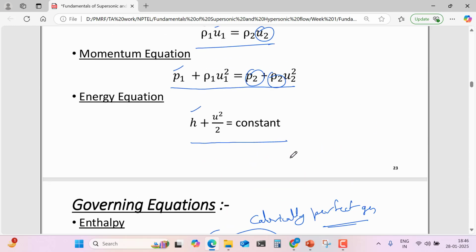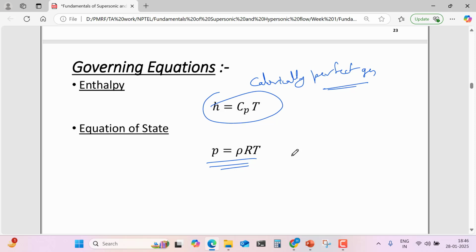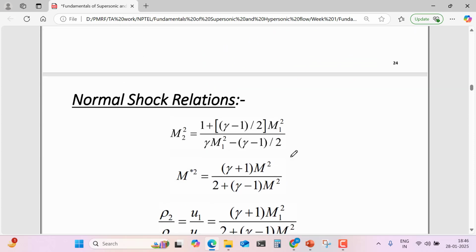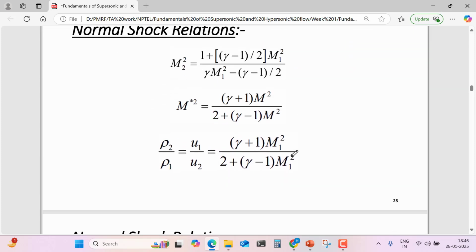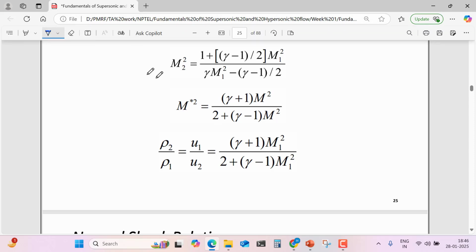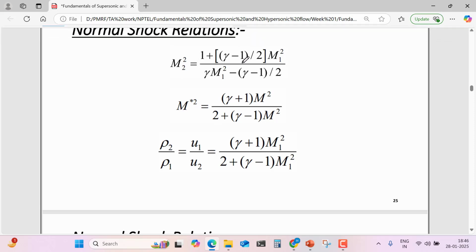We can write all these equations in terms of Mach number also. After writing these equations in terms of Mach number, we get M2 square equal to (1 plus (gamma minus 1) by 2 M1 square) upon (gamma M1 square minus (gamma minus 1) by 2).